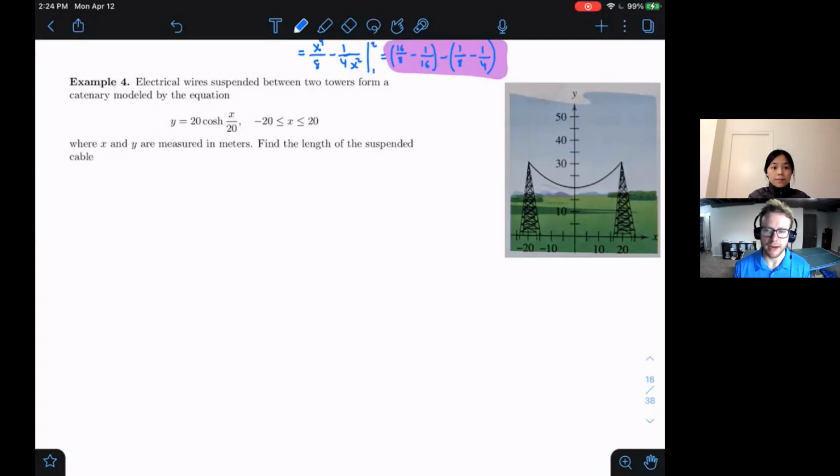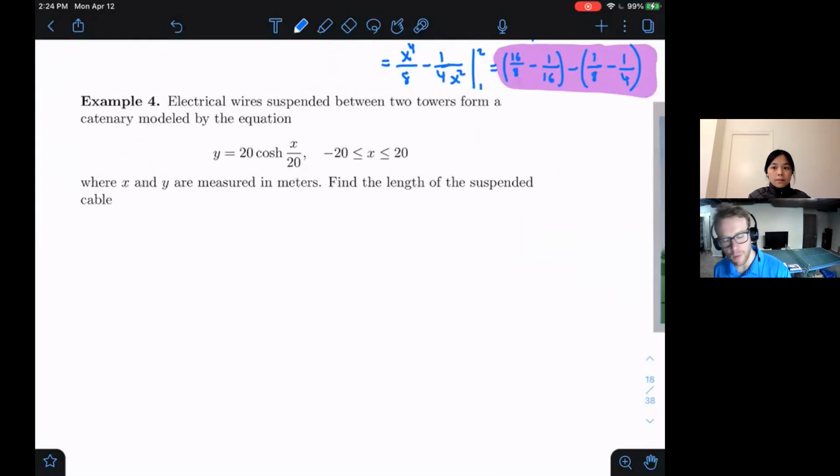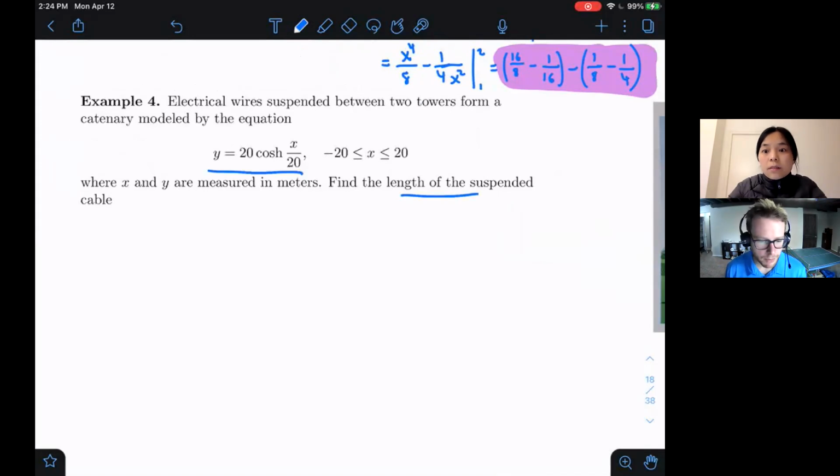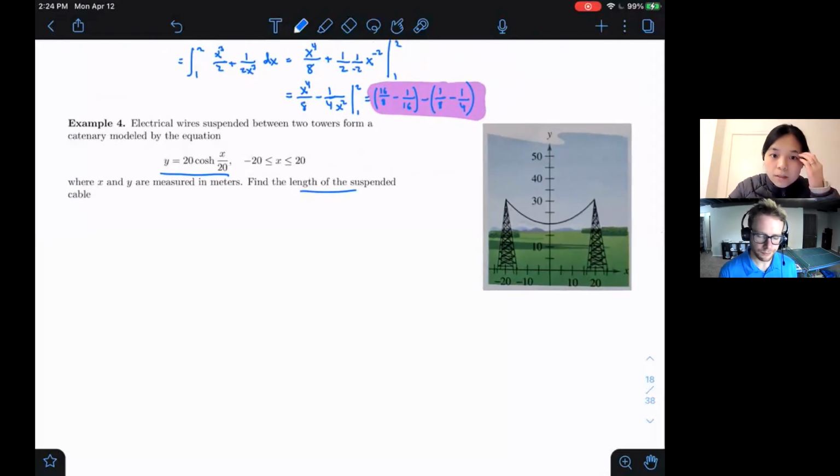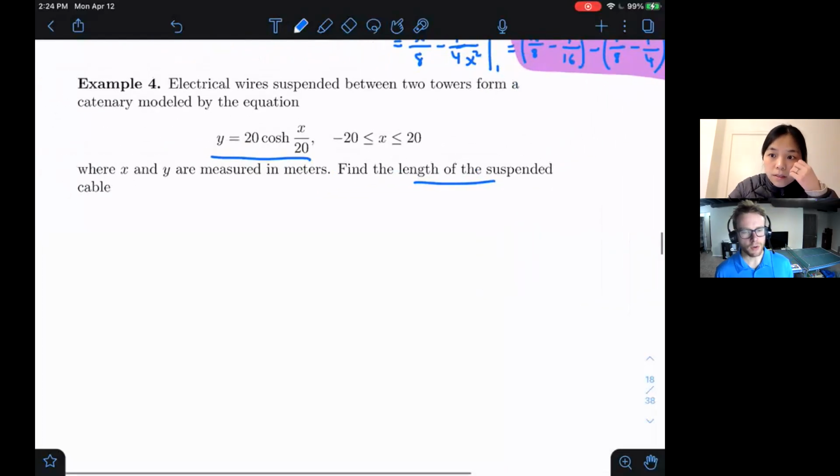It's not just made up for our problem here. So that's nice. And we have y as a function of x here. Again, we're asked to find the length of the suspended cable. How much cable should you actually bring to this job if you wanted to hang wire between these two towers here? And so, okay, well, same thing as before.